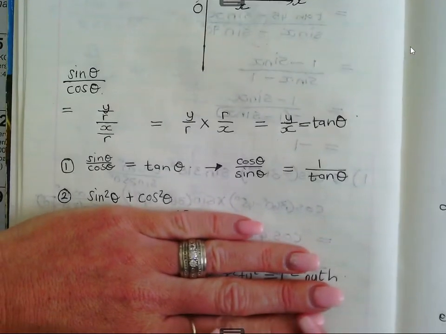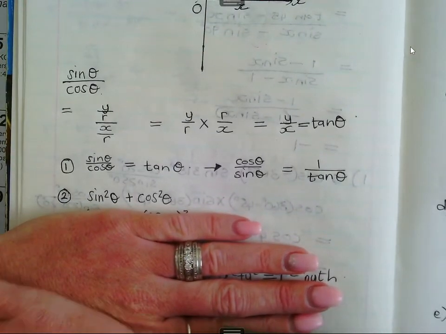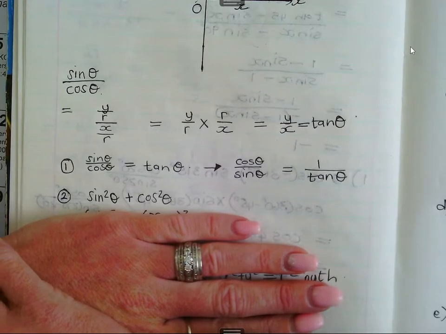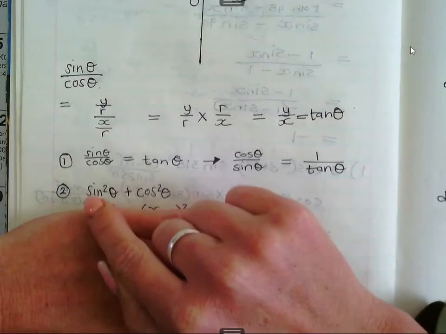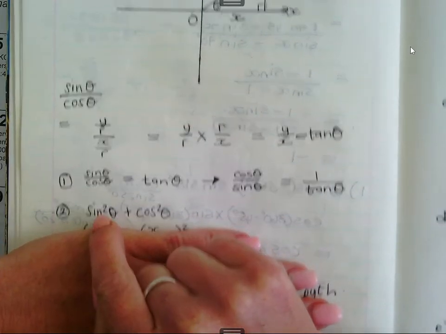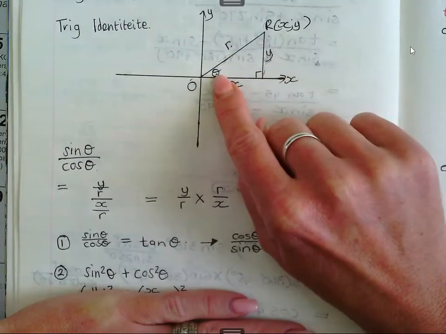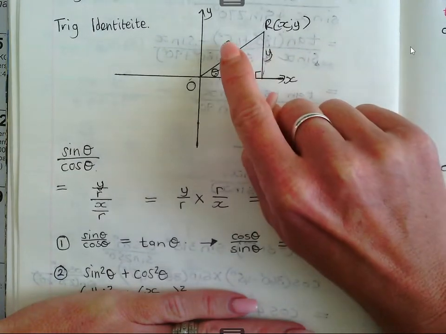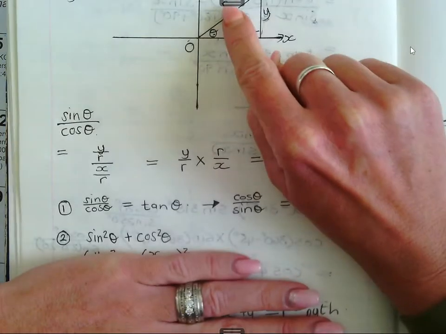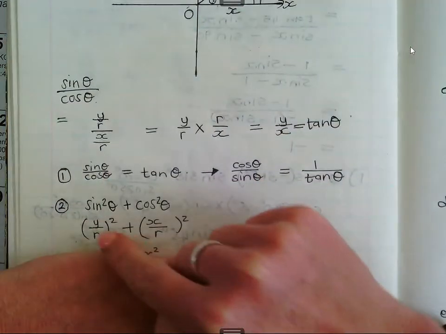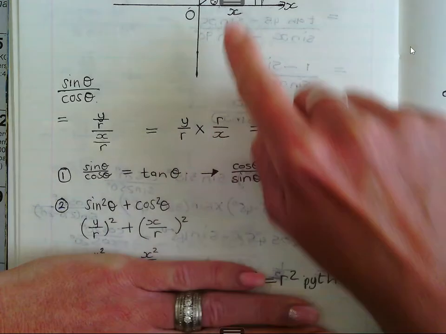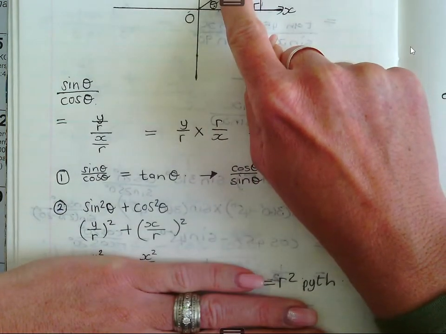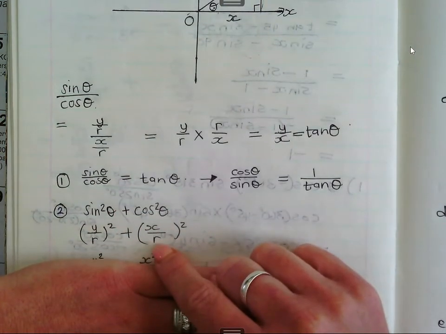The second identity is sin squared plus cos squared. Do you see they have a square? They must have a square. Now, if I substitute into sin from the graph, sin is opposite over hypotenuse, y over r, and cos is adjacent over hypotenuse, so it's x over r.